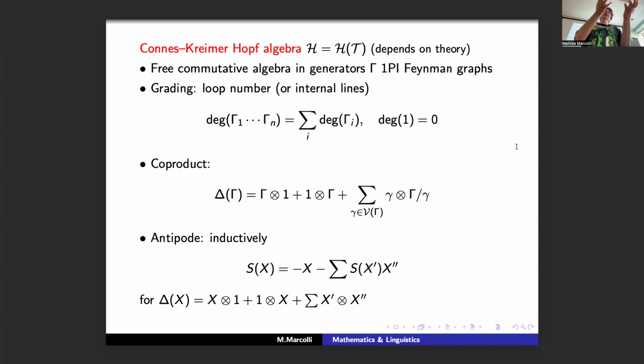But this in particular means that if you have different components, the momentum variables in one component and the momentum variables in another component are completely independent. There's no momentum conservation that involves both of them at the same time. And so your integral factors as a product, because it's a completely independent set of variables. And this means that you can always assume that your graphs are connected and that a disjoint union of connected graphs goes to a product of the corresponding Feynman integrals. So you have this kind of multiplicative property of your Feynman integrals.